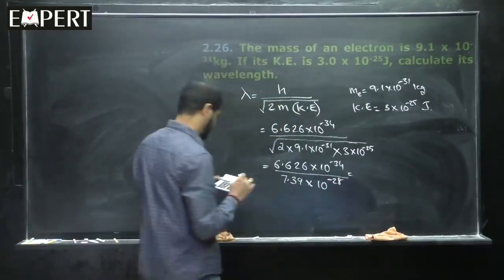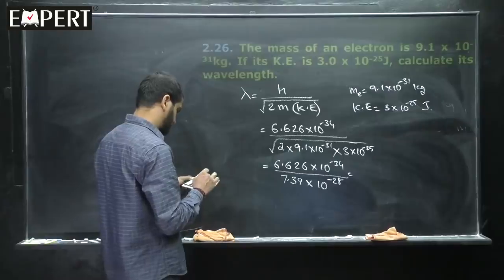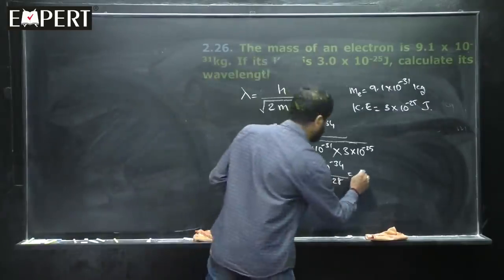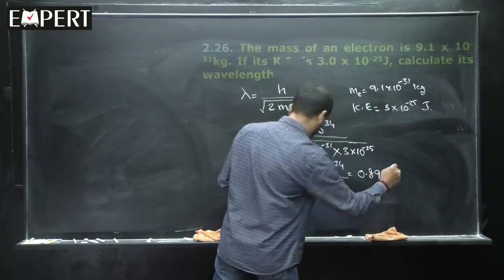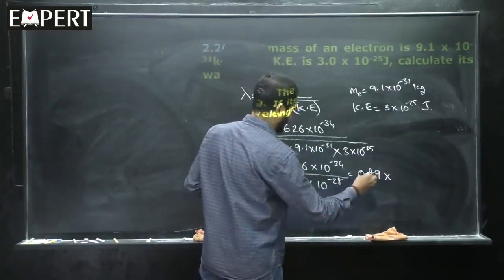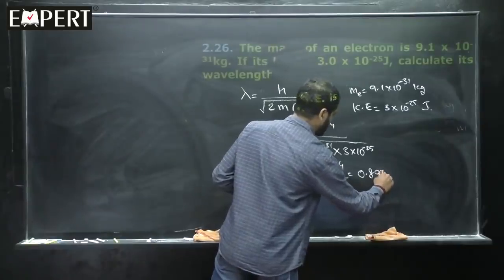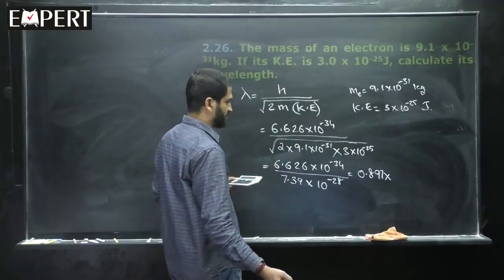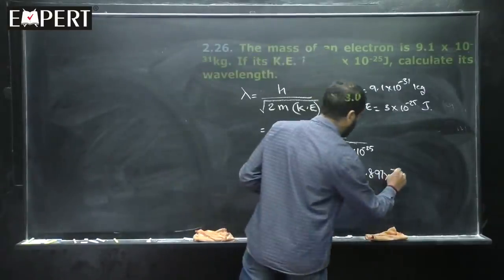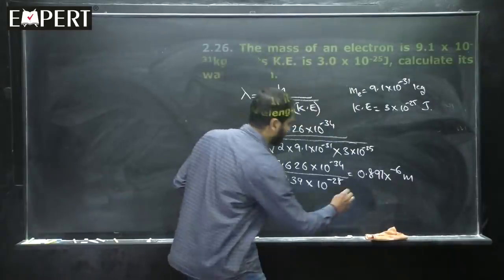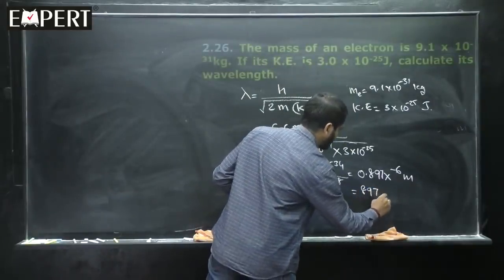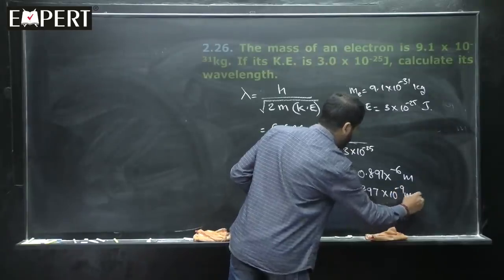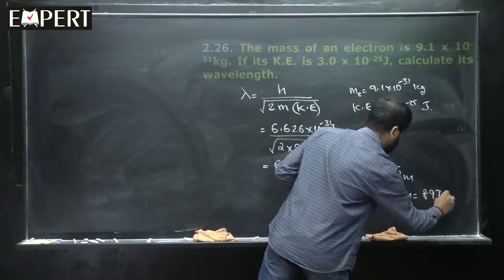Again divide: 6.626 divided by 7.39 is equal to 0.897 into 10 to the power minus 28, which, when it goes up, becomes plus 28, so minus 6 meter, correct. Or I can write 897 into 10 to the power minus 9 meter, which is equal to 897 nanometer.